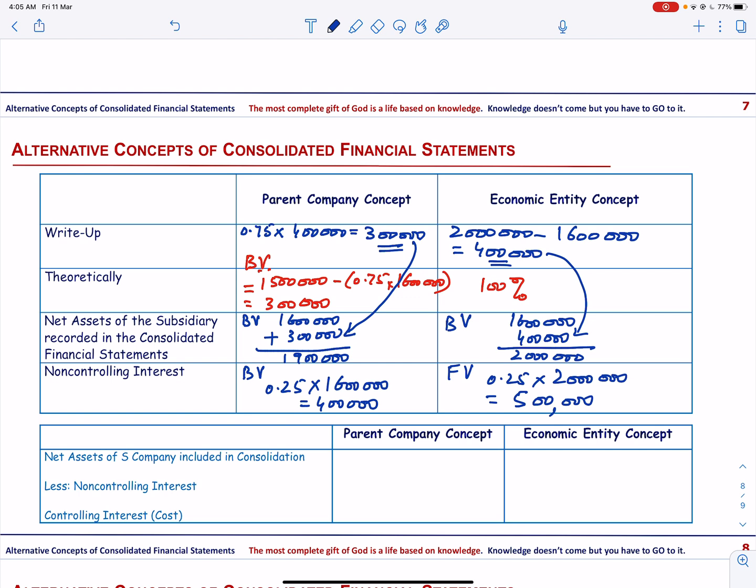Now, regardless of the concept followed, whether it is parent company or economic entity concept, the controlling interest in the net assets of the subsidiary reported in the consolidated financial statement will be the same, and it will be equal to P company's cost, and this can be seen over here. Now, the net assets of S company included in consolidation is 1,900,000. In the case of economic entity concept, it was 2 million.